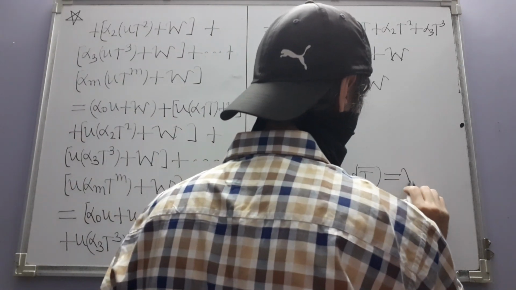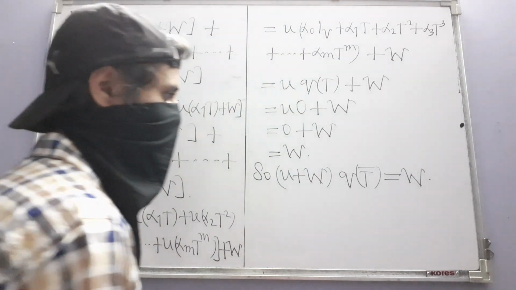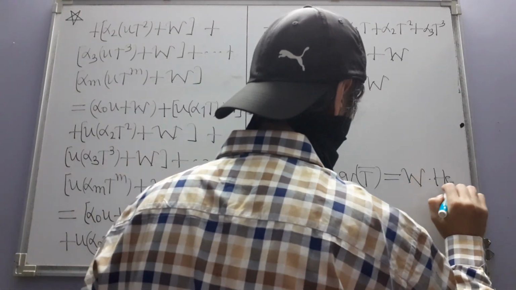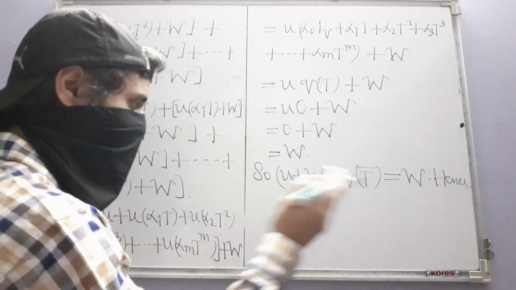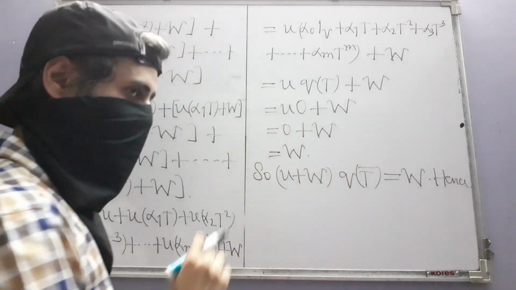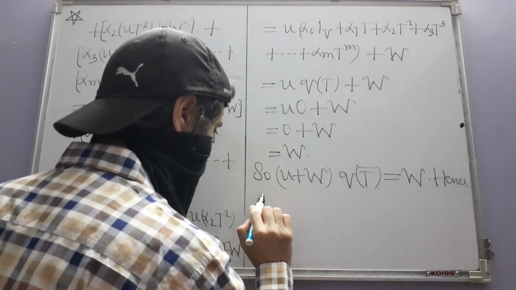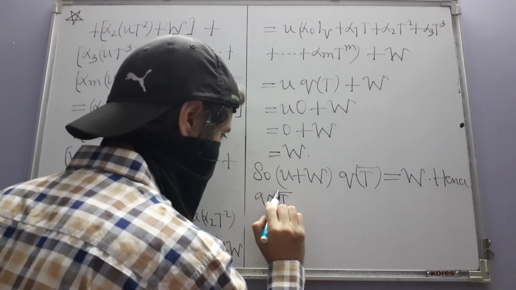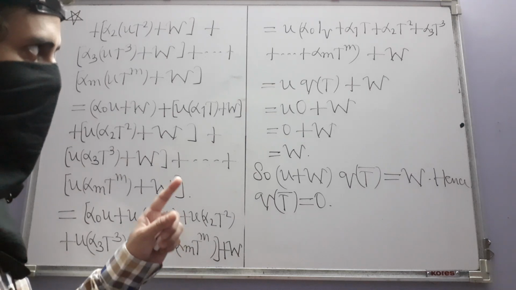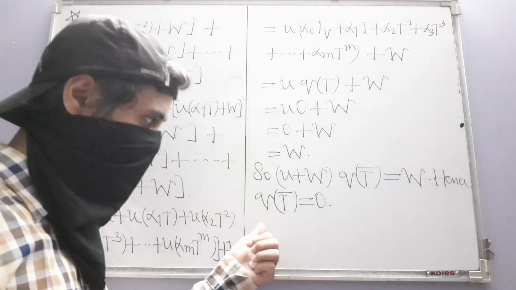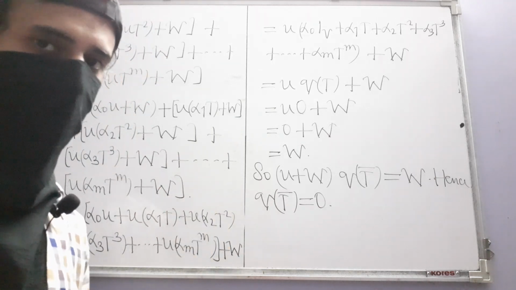And we have got W, which is the zero element of the space V slash W. Hence, since this is any vector in V slash W, this must be the zero operator because it takes every vector onto the zero vector. That is, Qt bar is equal to 0. So just like T satisfies Q, T bar also satisfies Q. Okay, so the second claim has also been proved.